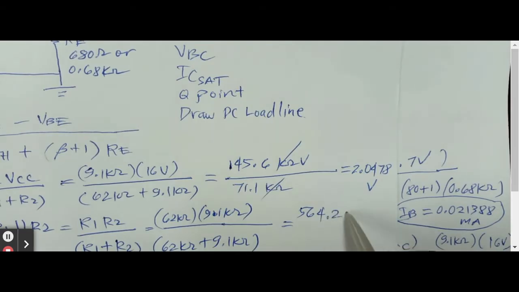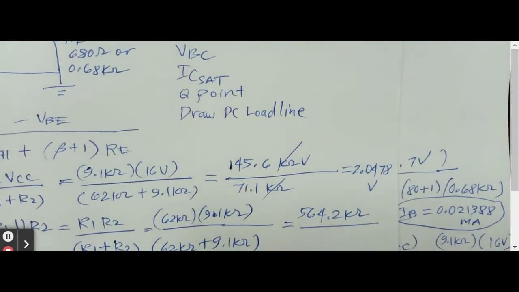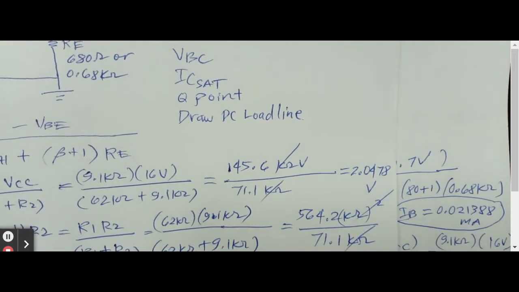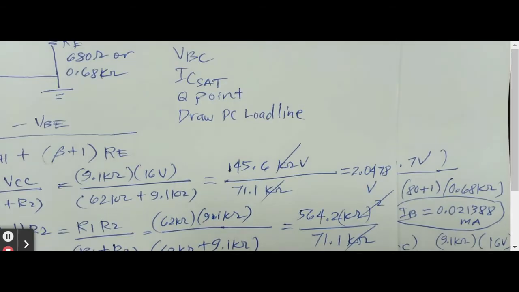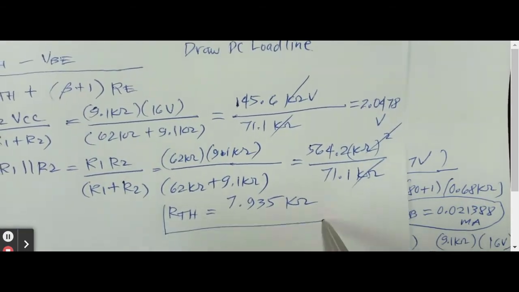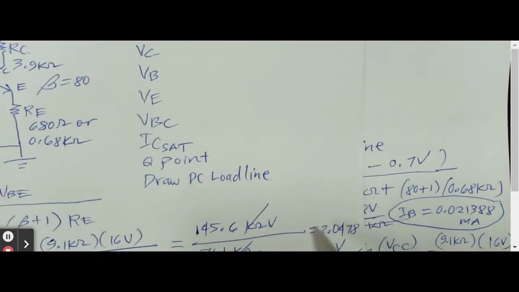So 564.2 kilo ohms divided by 62 kilo ohms plus 9.1 kilo ohms, we will get 71.1 kilo ohms. So this is squared. So if we cancel this, we will be getting RTH equal to 564.2 divided by 71.1. We get 7.935 kilo ohms. So that will be our RTH. And this is our ETH.